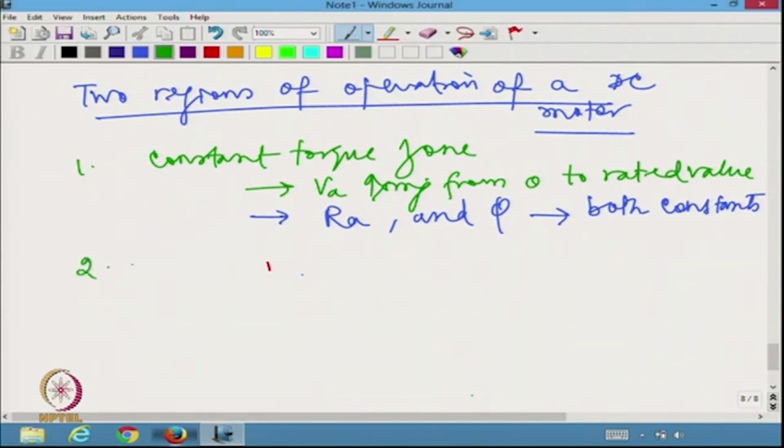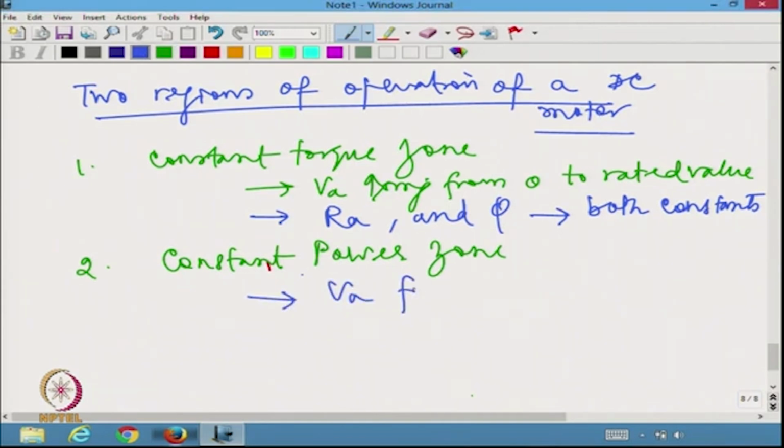The second region is constant power zone. In this case, I am going to have actually Va frozen at rated value. It is not good to increase Va beyond rated value because the insulations are designed for a particular value of voltage.